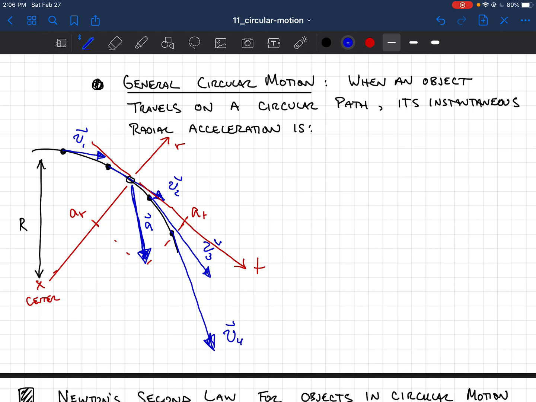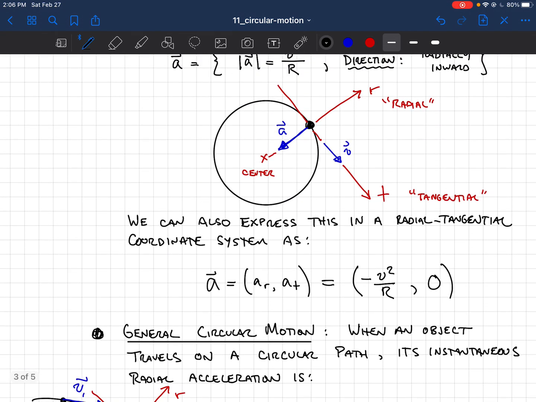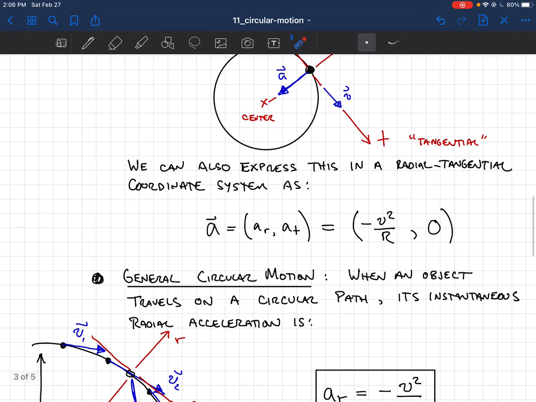Well, that seems more complicated. It seems like we've lost any precision that we're able to use, but there's a wonderful thing that happens, which is that the value of AR remains exactly the same. It remains to be minus v squared over r. For uniform circular motion, we found that the inward pointing acceleration, which we sometimes call the centripetal acceleration, is v squared over r.